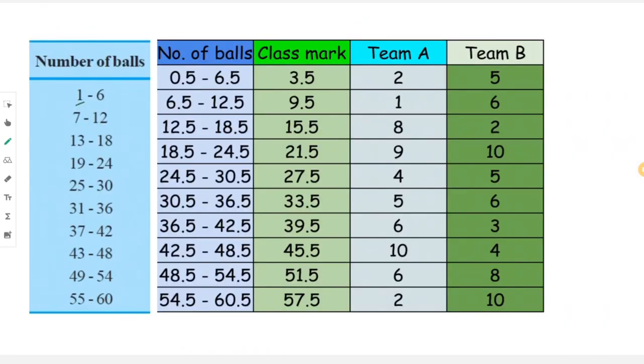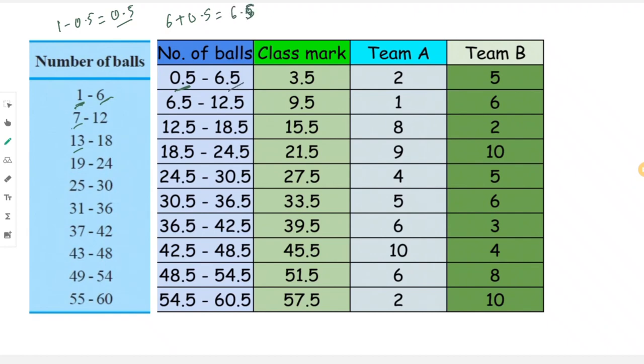You can see here I have 1, but like I said, on all the left side you have to subtract 0.5. That means 1 minus 0.5, I get 0.5. And on the right side you have to add 0.5. So 6 plus 0.5, I'll get 6.5.